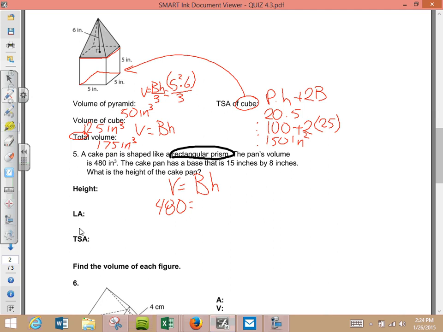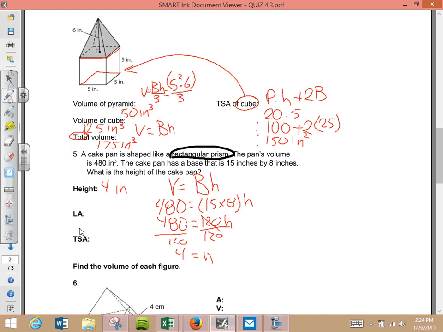The volume is that. We don't know the height. A lot of you missed this one. 120, and then you divide by 120. Equals 4. So the height should be 4 inches. That's it.